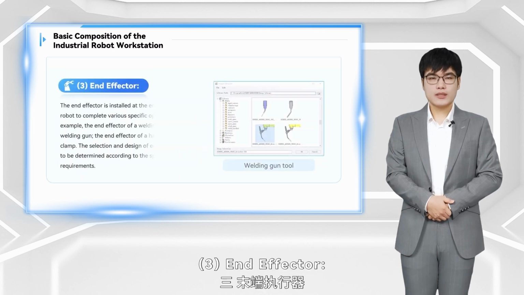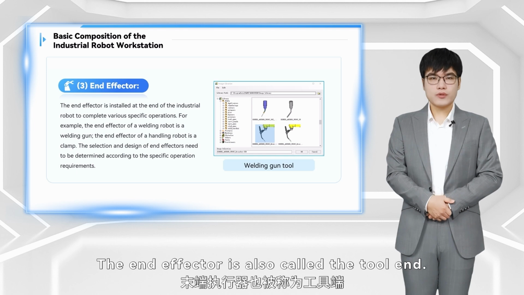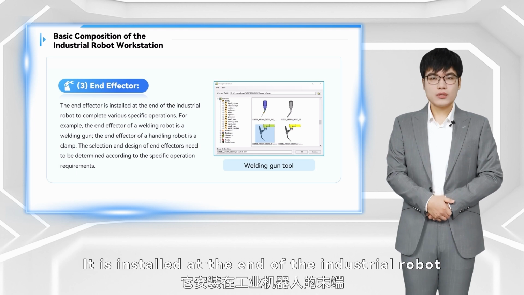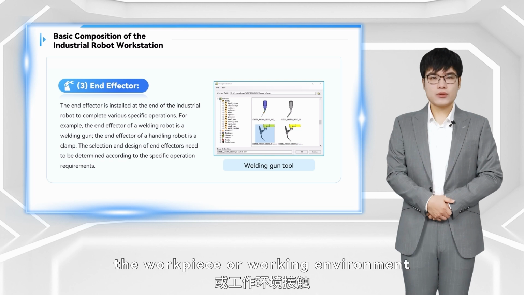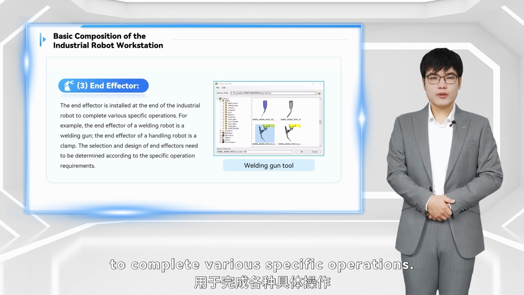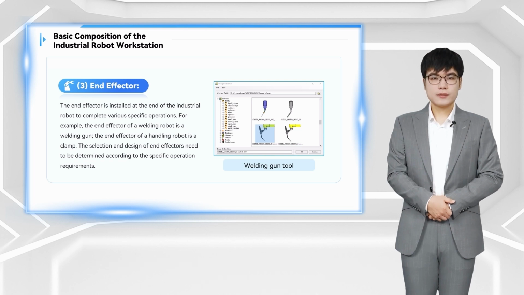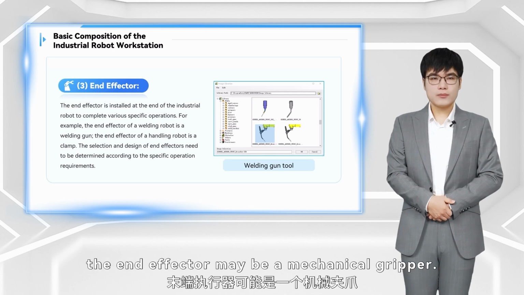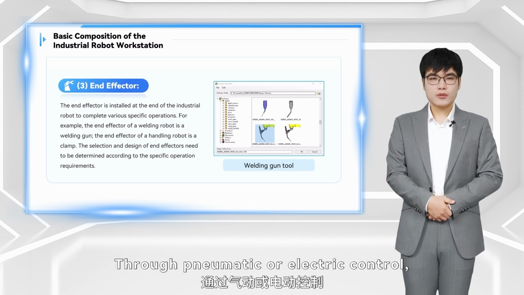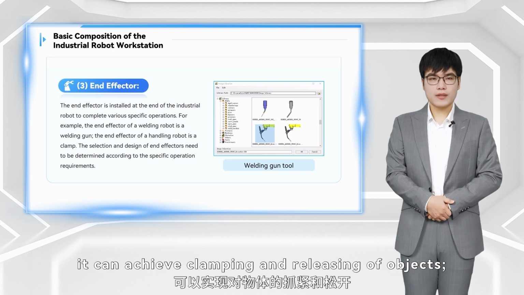3. End effector. The end effector is also called the tool end. It is installed at the end of the industrial robot and directly contacts the workpiece or working environment to complete various specific operations. For example, in handling operations, the end effector may be a mechanical gripper. Through pneumatic or electric control, it can achieve clamping and releasing of objects.